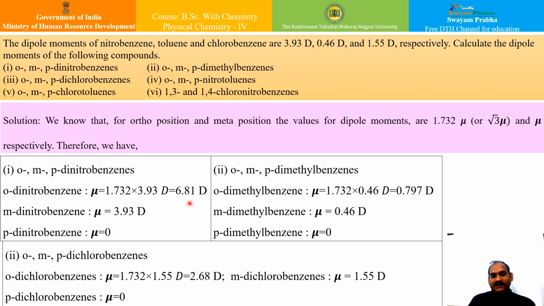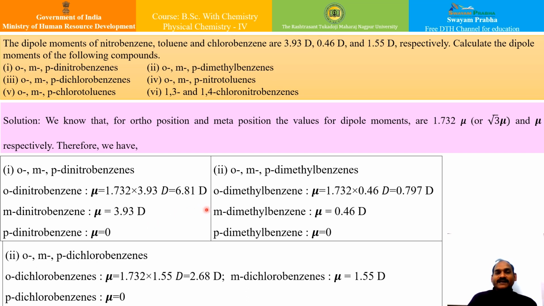So in case of ortho dinitrobenzene, it is 6.81 dB. Similarly, in case of meta-dinitrobenzene, the value is simply mu, which is 3.93 dB. And in case of para-dinitrobenzene, since the angle is 180 degrees, my dipole moment will be equal to 0. That is as simple as it is.